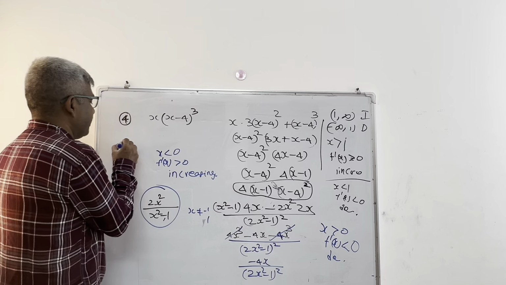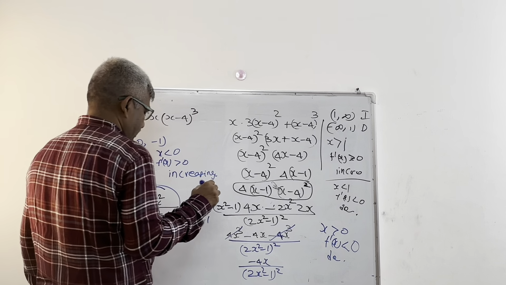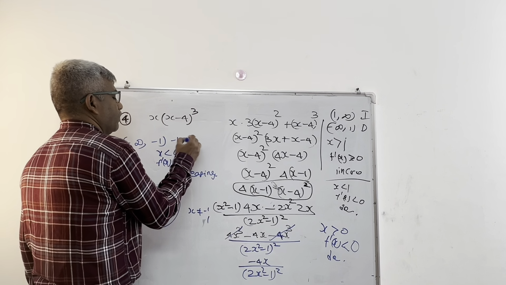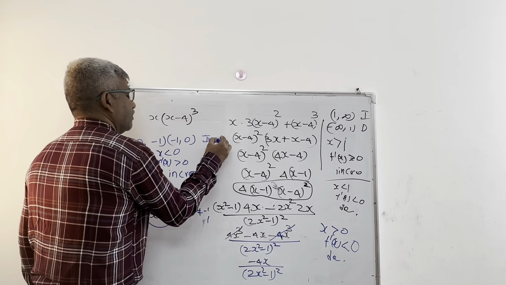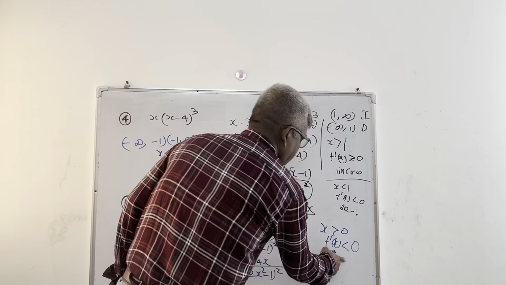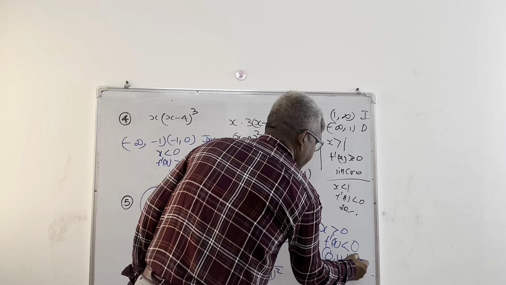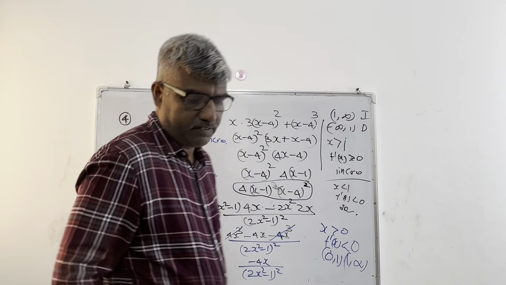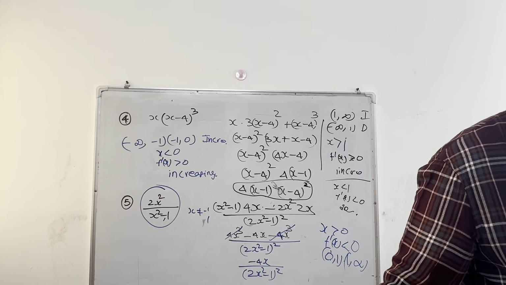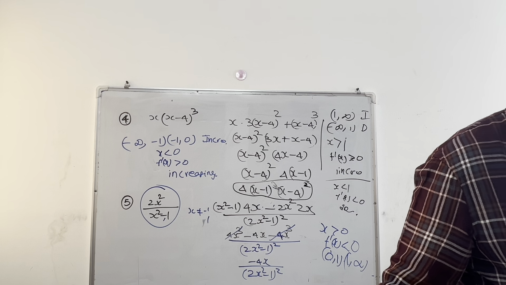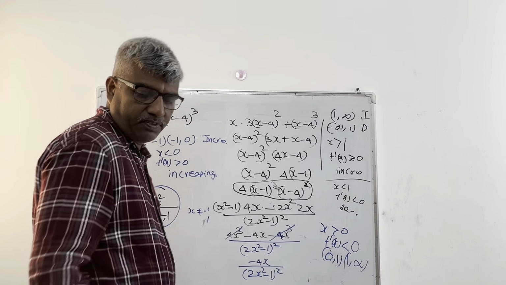Okay, so minus infinity to minus 1 it is increasing, then minus 1 to 0 increasing. 0 to 1 decreasing, 1 to infinity decreasing. Note it down.